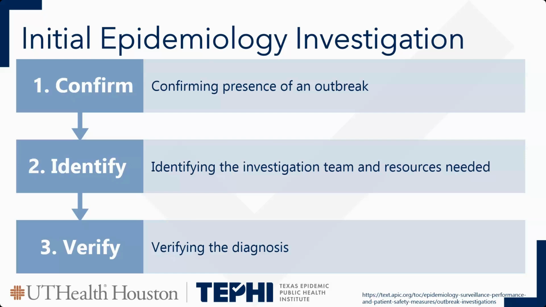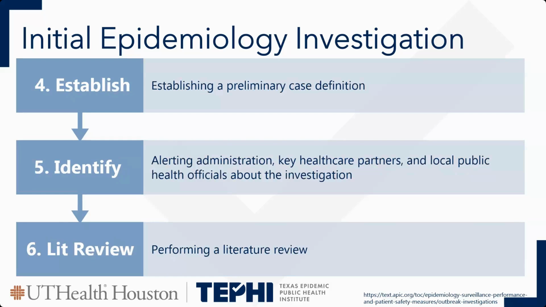And with that third step, you are verifying the diagnosis. It's not subjective, where a provider just thinks it could potentially be this. It's that you have the clinical laboratory result with additional imaging and workup saying, yes, I am 100% confident we do have a case, and here's my positive test result. Then, based on that information, step 4 is establishing a preliminary case definition.